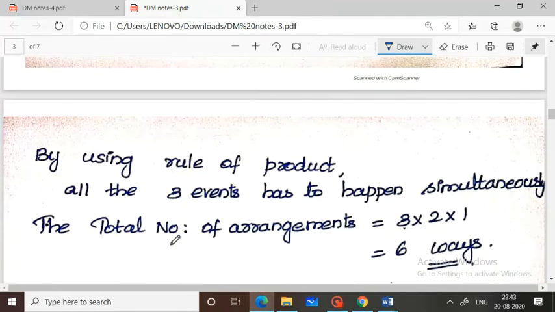Therefore, by using the rule of product, since all three events have to happen simultaneously, the total number of possible arrangements is 3C1 and 2C1 and 1C1. So 3C1 means 3, and taking the product 3 into 2 into 1, that is equal to 6 ways is the answer.